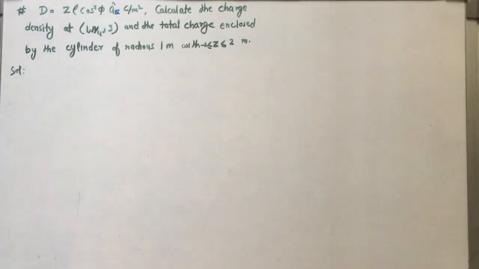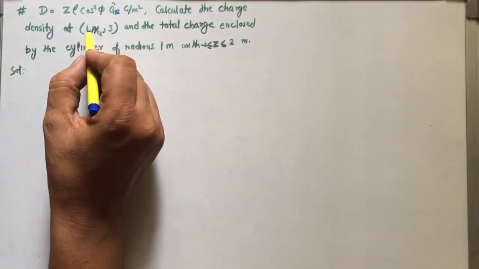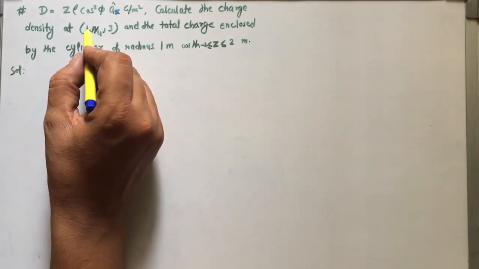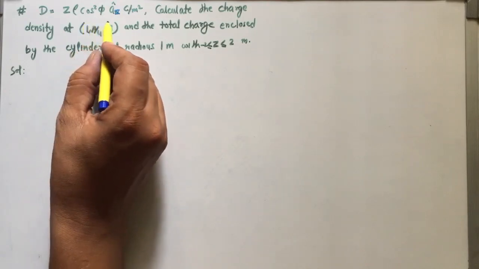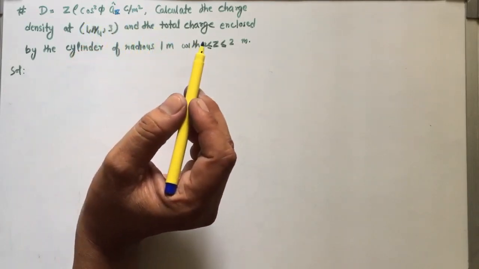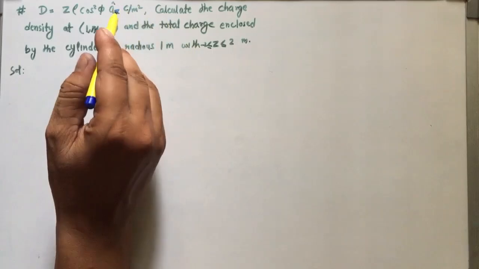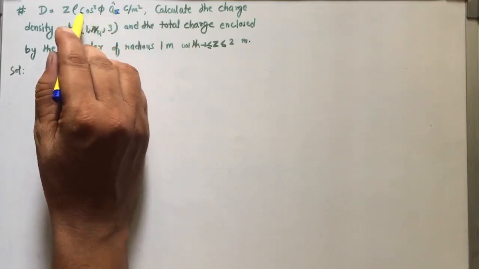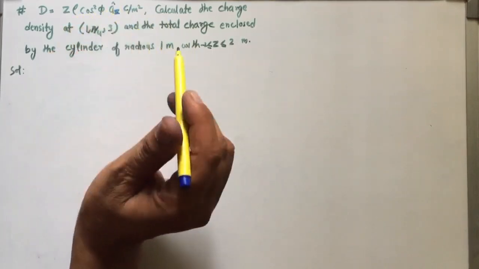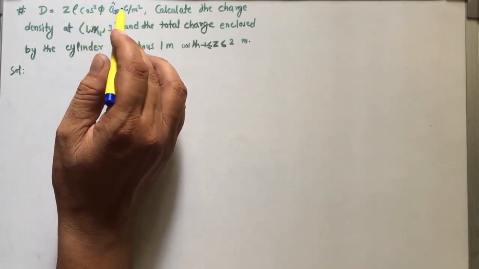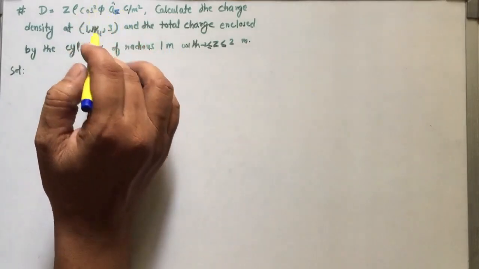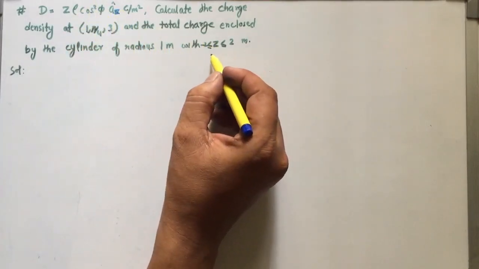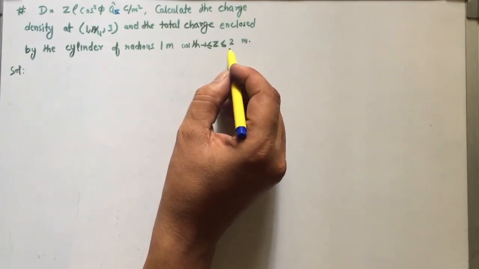So from here, the first thing we can conclude is it is in rho phi z, which means cylindrical coordinate system, and the charge distribution is varying in the z direction, from minus 2 to 2 meter.